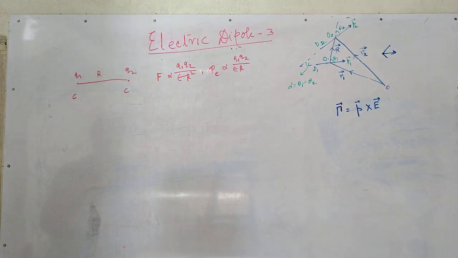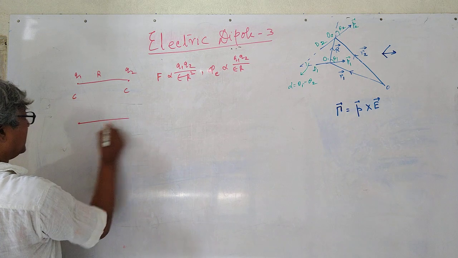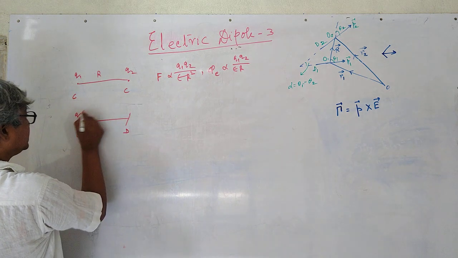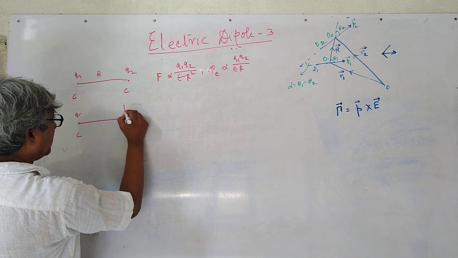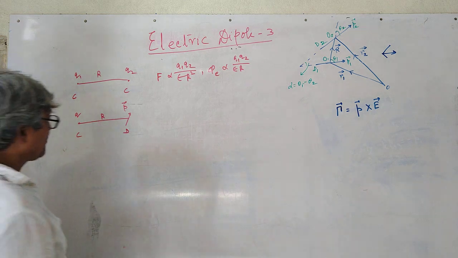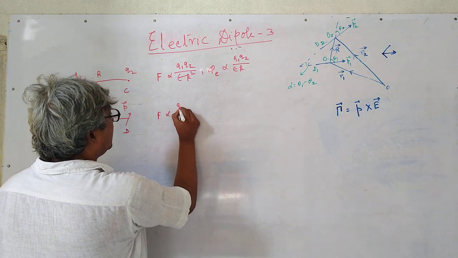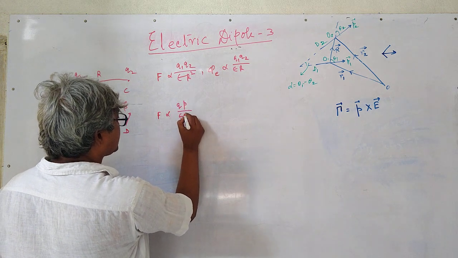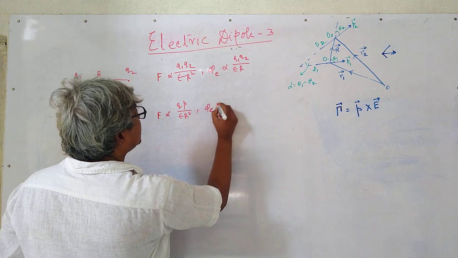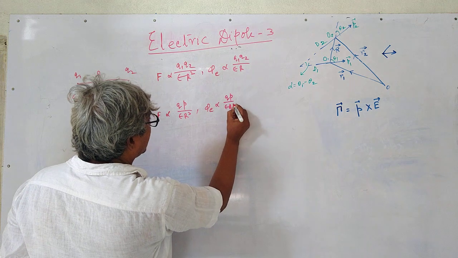Now let me consider a system comprising a point charge and a dipole, charge Q and dipole moment P, again separated by a distance r. Then the magnitude of the force goes as Q P by epsilon r cube, and the potential energy goes as Q P by epsilon r square.